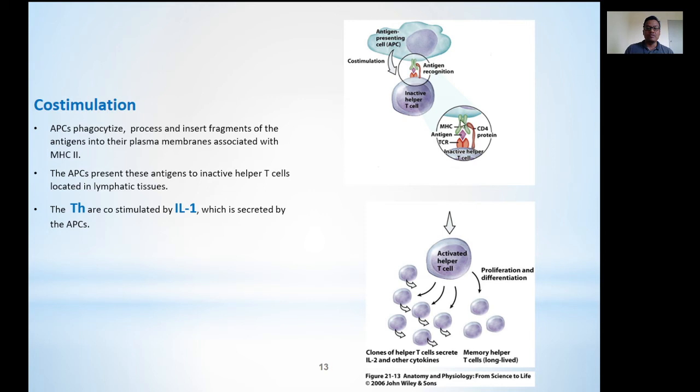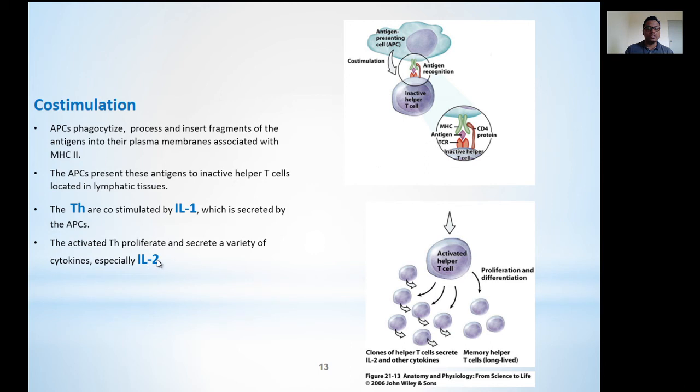So we can observe here the APCs, after processing the antigen, presenting it to the helper T cells. They will also produce a cytokine called interleukin to further enhance the activation of the T cell.